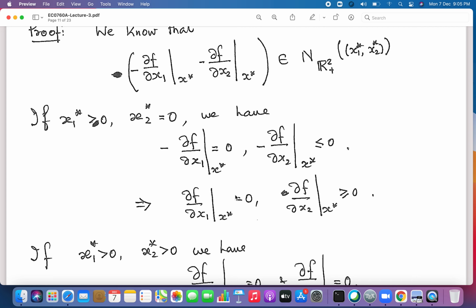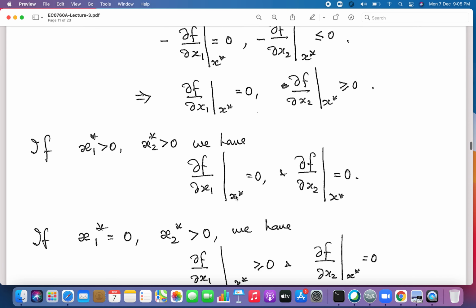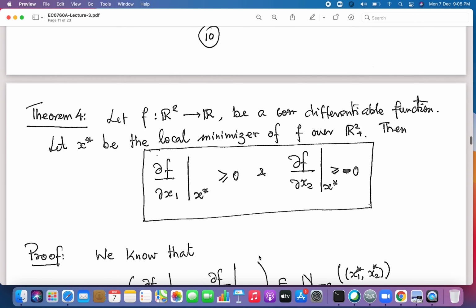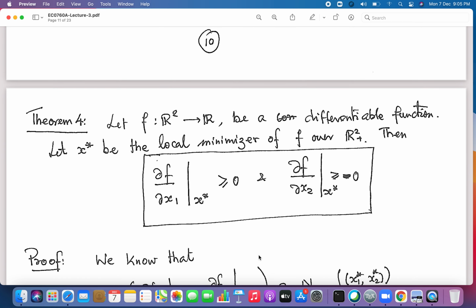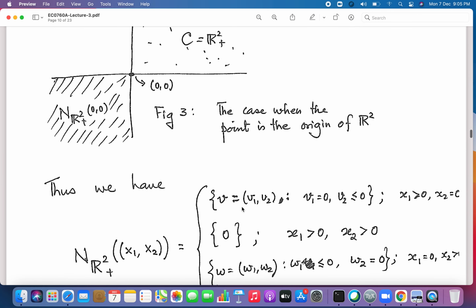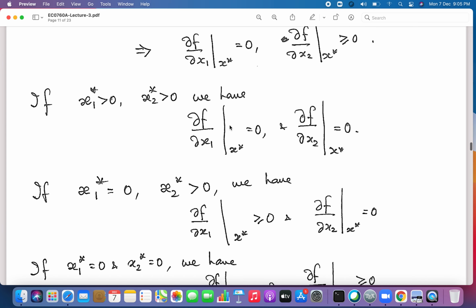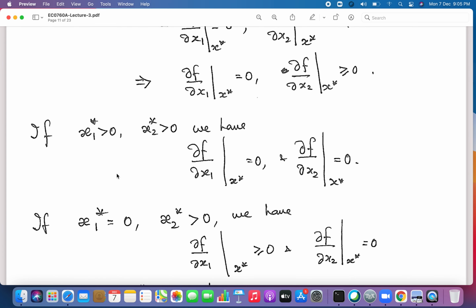This whole thing will reverse when you talk about maximizers. So for maximizers, this would be less than or equal to 0. So you can argue in the same way. Basically what you're doing, you're choosing the values of x1 star and x2 star, and then just looking at what you have here, you can immediately check for each one of them what is the situation.